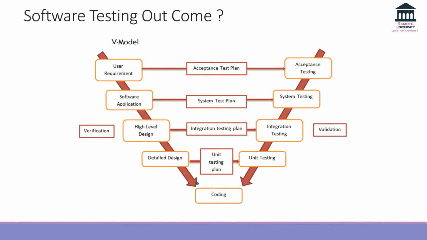So if you look at here, the next activity is nothing but coding of the application. So basically what we looked at here is a V model diagram, which is one of the models that the software development lifecycle has to illustrate what happens during the software development lifecycle in comparison to the software testing lifecycle.